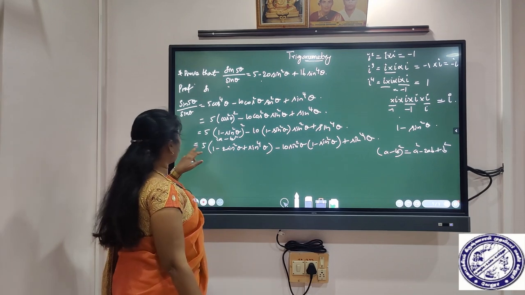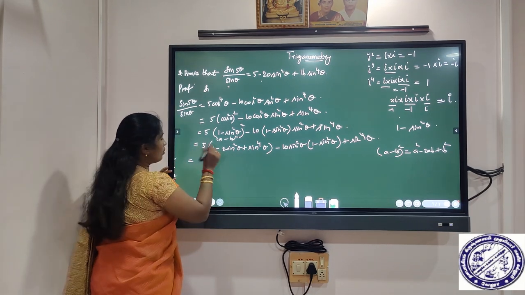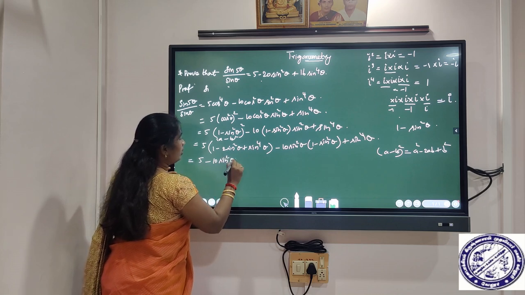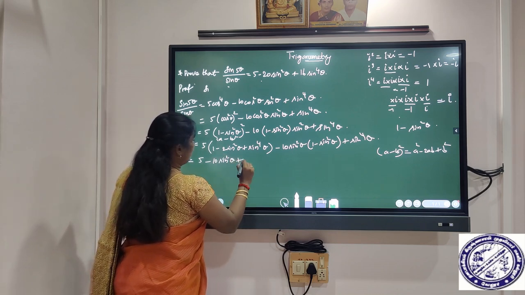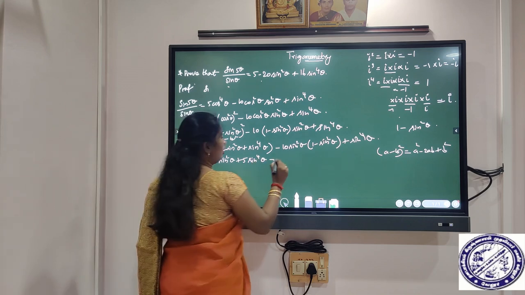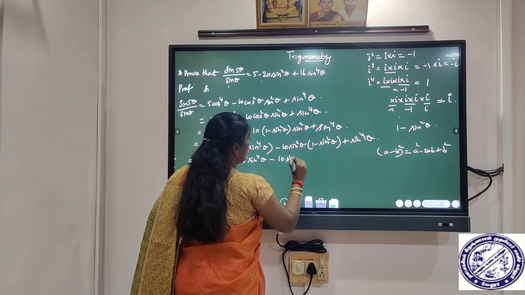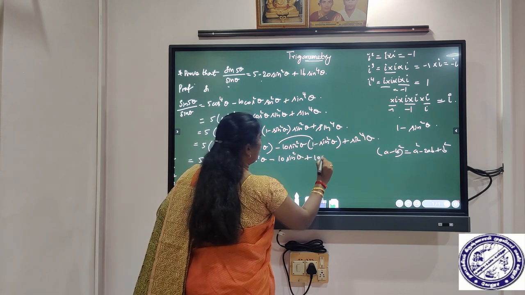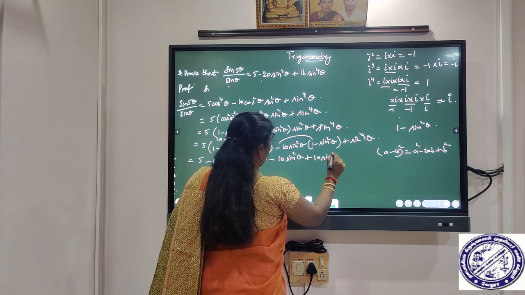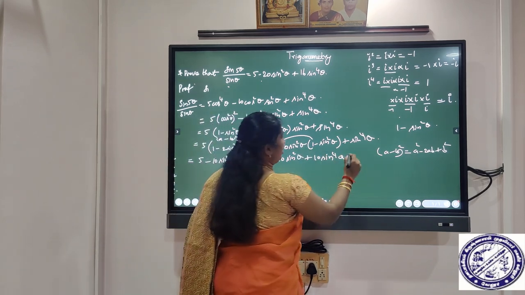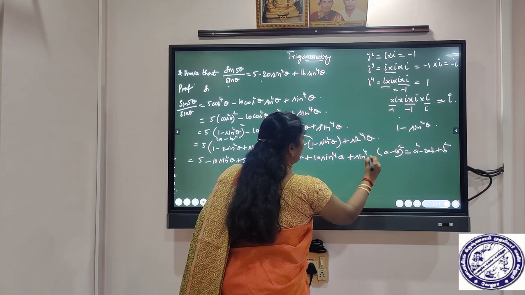Next I am going to multiply the 5 into the terms. So 5 into 1 is 5, 5 twos are 10, 10 sin square theta, and 1 into 5 is 5 sin power 4 theta. Minus 10 sin square theta, minus into minus plus, so 10 sin power 4 theta, plus sin power 4 theta.